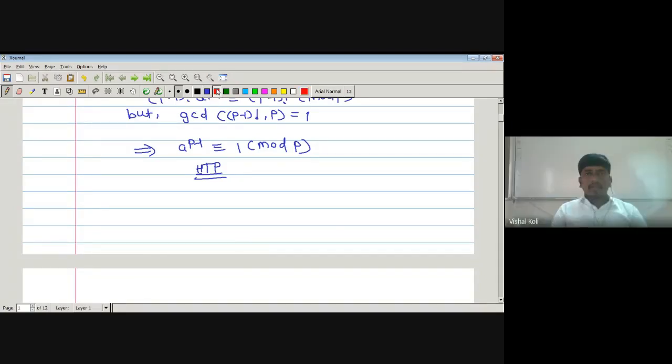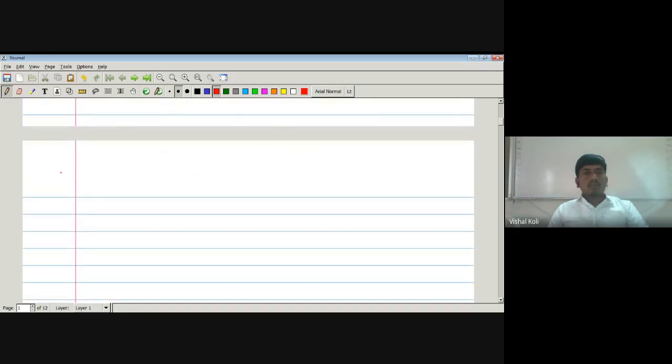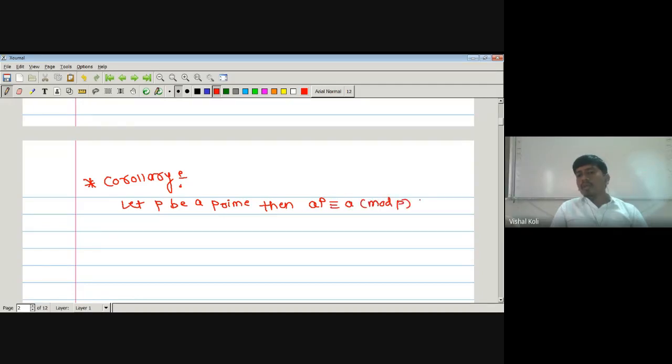Okay. Now there is one corollary depending on this theorem. Let p be a prime, then a to the power p is congruent to a modulo p for any arbitrary integer a.